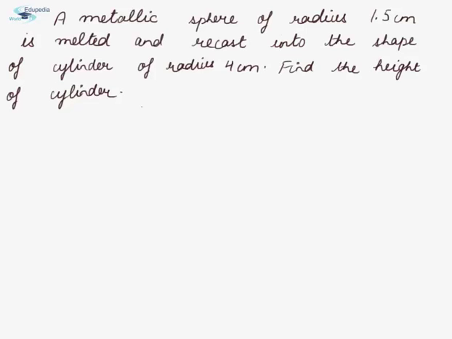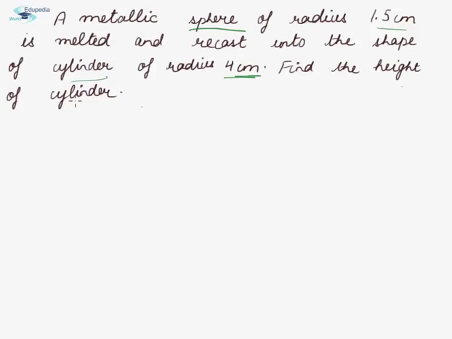In this video, we will be discussing the topic conversion of solids from one shape to another with the help of some questions. Friends, the first question says a metallic sphere of radius 1.5 cm is melted and recast into the shape of a cylinder of radius 4 cm.